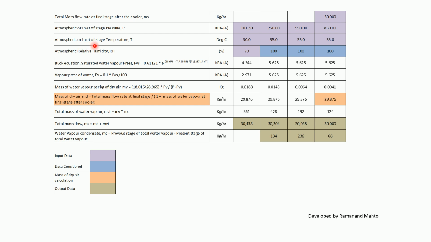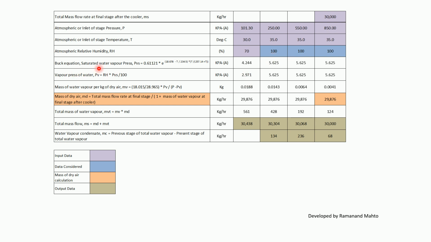Atmospheric or inlet of stage temperature T we can write 30 degrees Celsius, 35, 35, 35. Atmospheric relative humidity or intermediate relative humidity RH we can write 70. So these data are given. 100, 100, 100 is considered.